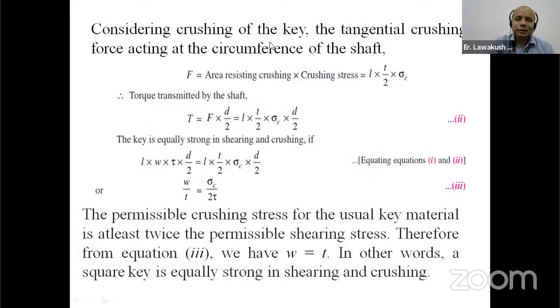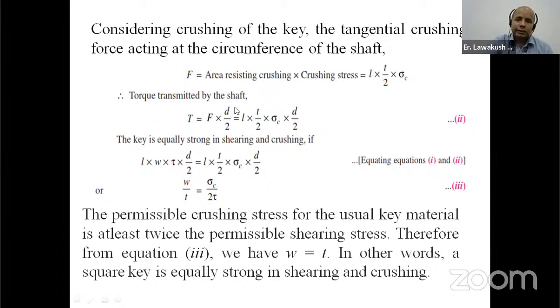Now we will consider crushing of the key. The tangential crushing force acting at the circumference of the shaft, denoted by capital F, equals area resisting crushing into crushing stress. Now, area resisting crushing will be l into small t by 2, into crushing stress sigma c.